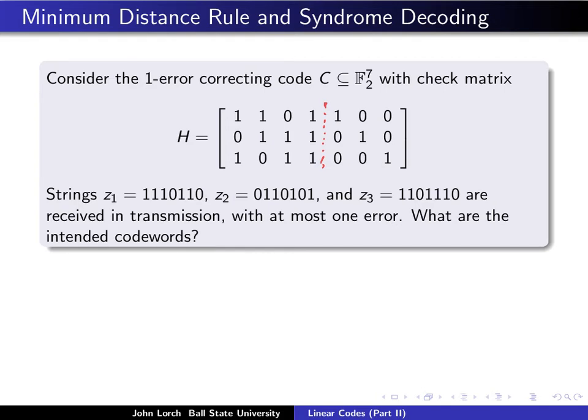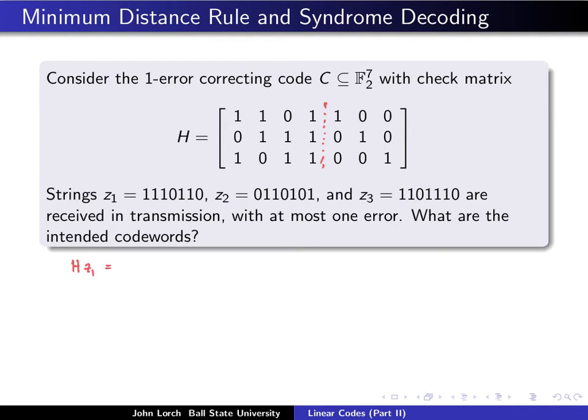And we want to see how we should correct these. So the previous theorem tells us to first take H times each of these. So we're going to take H times Z1. So Z1 is 1, 1, 1, 0, 1, 1, 0.